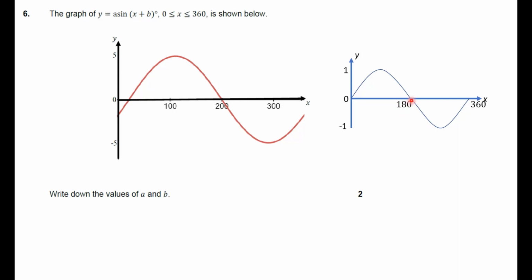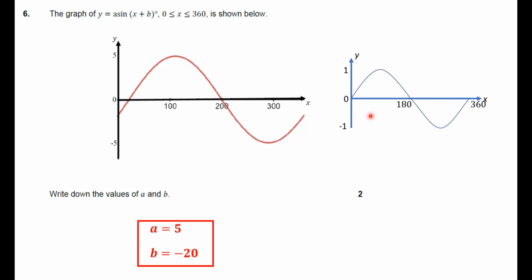Now here it cuts the horizontal axis at 180, but here it's been shifted to the right by 20 degrees. 180 go to 200 is 20 degrees. So we've now finished this off by saying that B has to be negative 20. So A is equal to 5 and B equals negative 20.